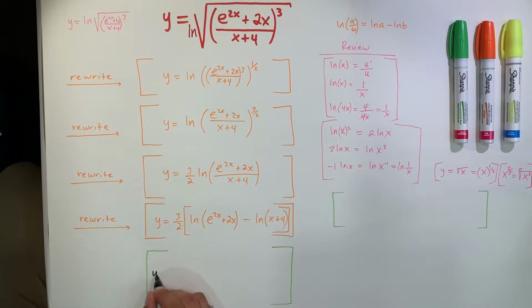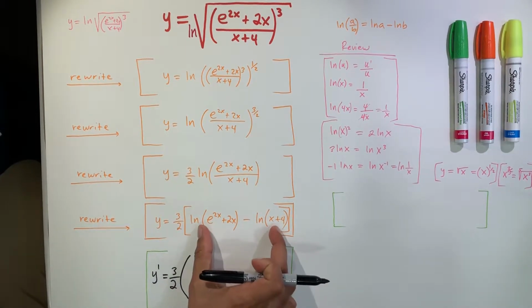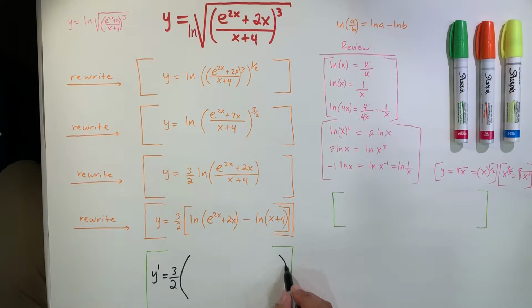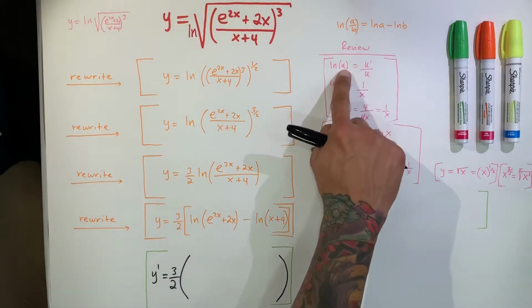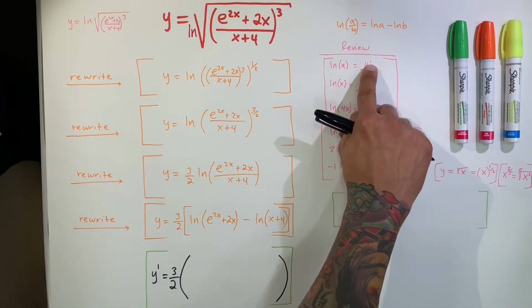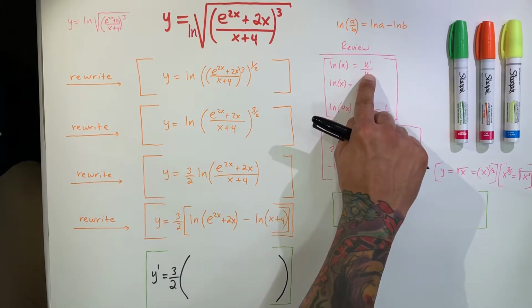All right, we got y prime. I'm going to keep the 3/2. I'm going to take the derivative of these two things inside, so I'm going to keep these parentheses here. Now the derivative of ln is the derivative of whatever's inside over the inside.